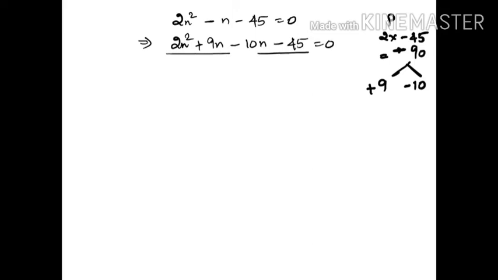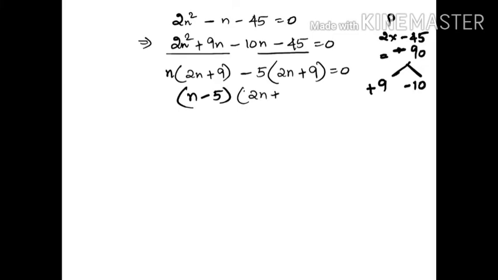Taking common, n times (2n plus 9), minus 5 will be common from the third and the fourth term. So we get (2n plus 9). So the factors are (n minus 5) into (2n plus 9).